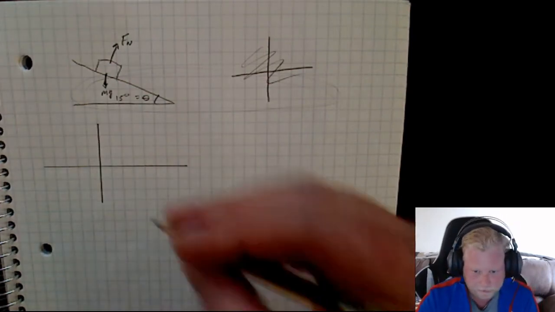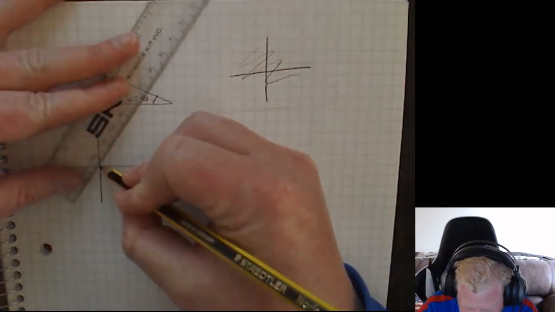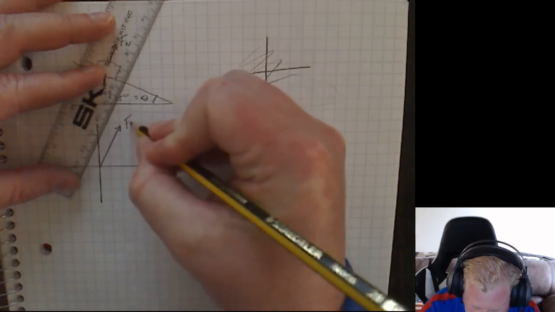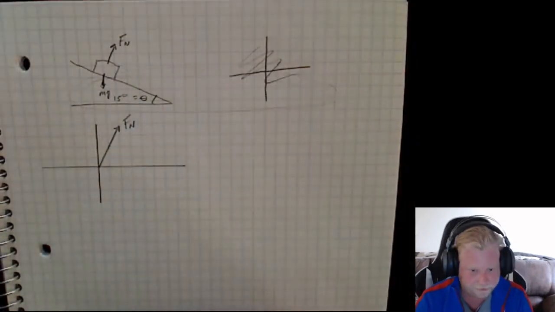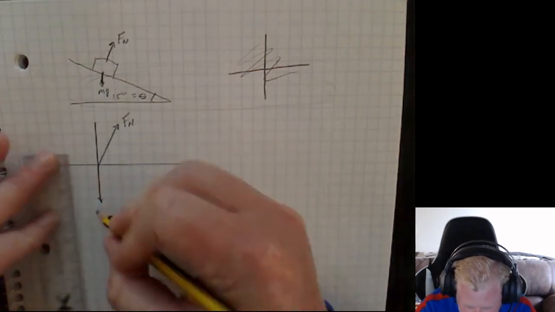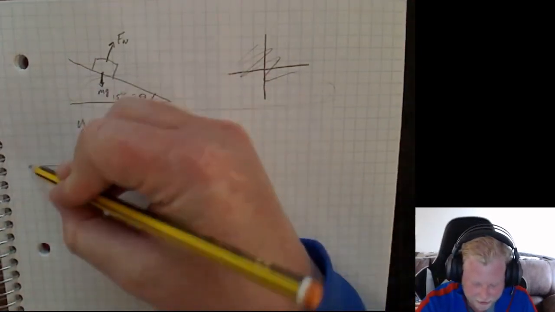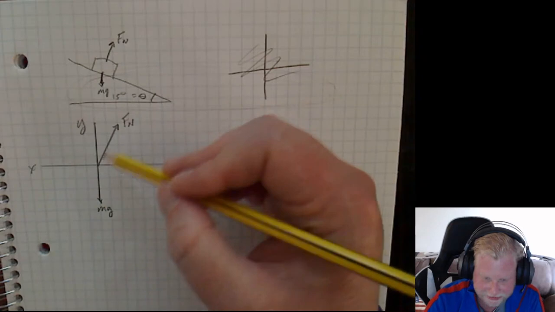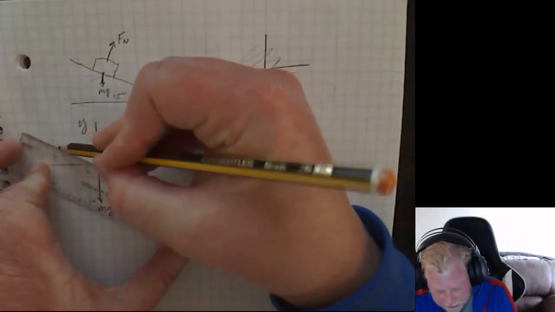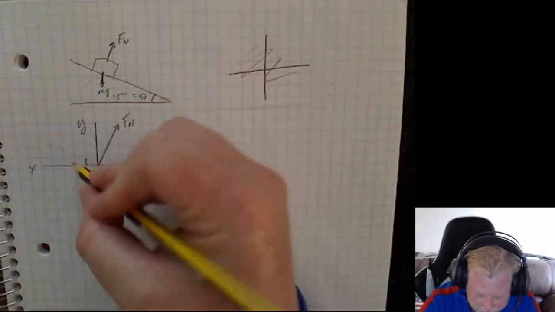Now, the normal force in this case looks something like this, and your gravitational force looks something like this, where the gravitational force is straight down on your y, and the normal force is going to be at some angle. Now, the road surface is angled like this at 15 degrees.